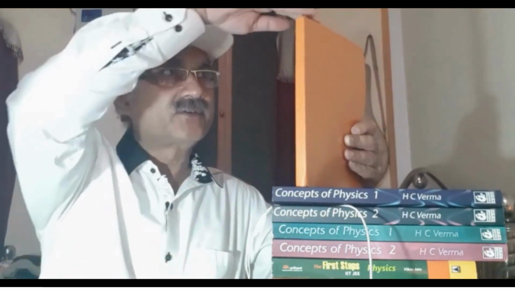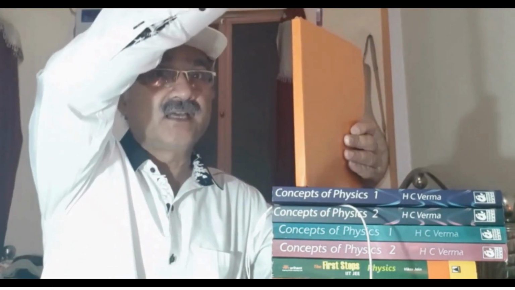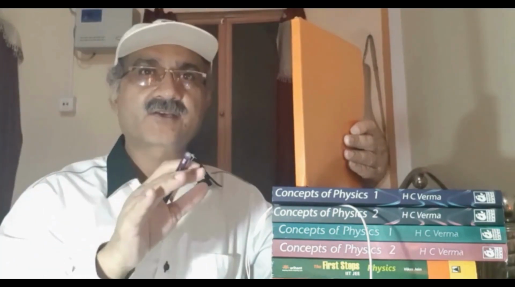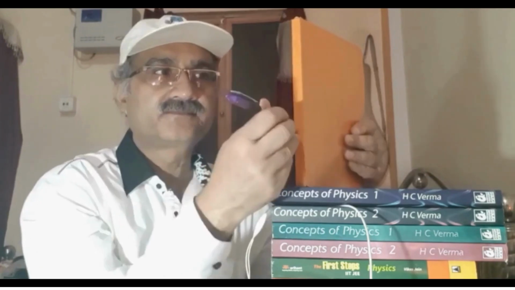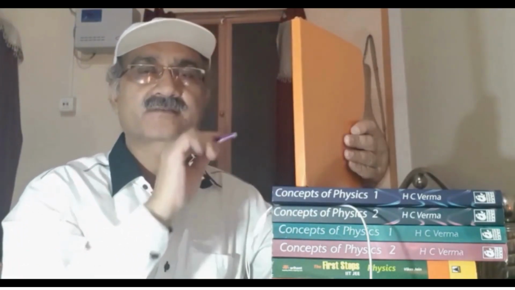Clear? If we consider the top surface, the direction of the area vector will be vertically upward. So the direction of the area vector is defined as the outward normal to the surface. Clear? Cool.